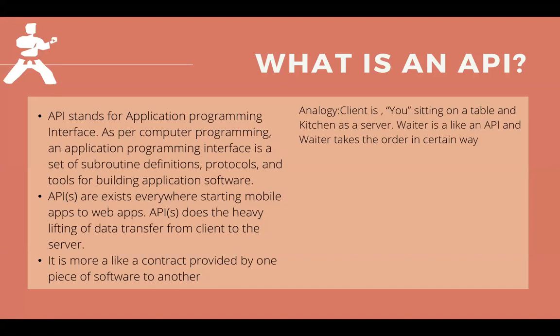The data goes to the server, which understands that a genuine user is coming, takes some data from you, processes it, finds the response, and sends it back. The entire transfer of data from the client to the server, and in between there are a lot of other application services, web services, and middle layers, is all happening through APIs. So APIs do a lot of work for you.